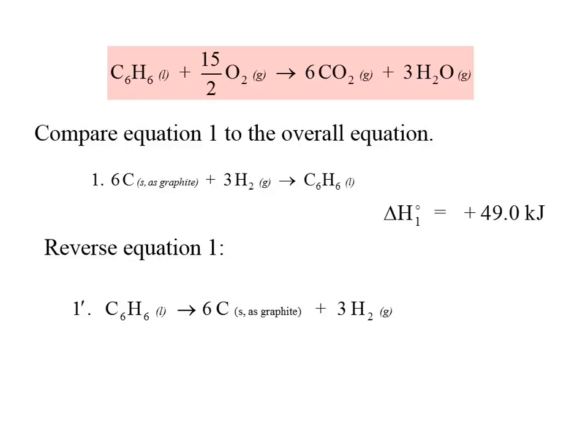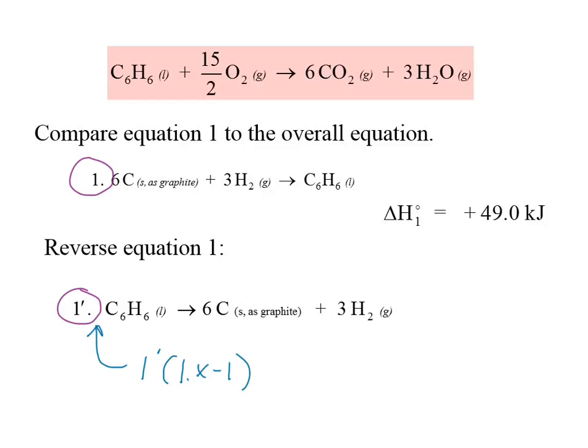So 1 is what we started with, and on my answer keys, 1 prime is the manipulated one, ready to go. Usually in my answer keys, I will insert something right after 1 prime that says I took 1 times minus 1. Does that make sense? Minus 1 means I switched it around. That's my convention.